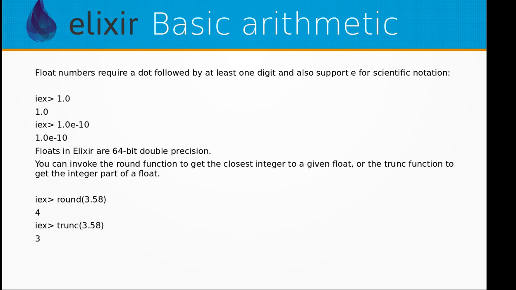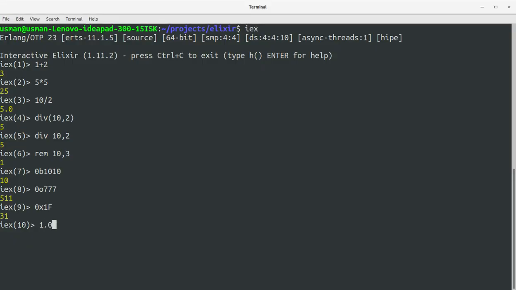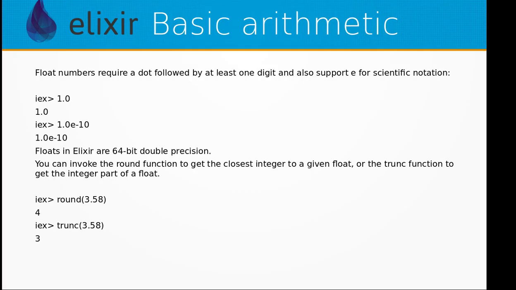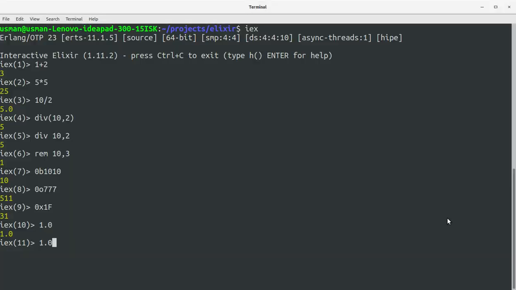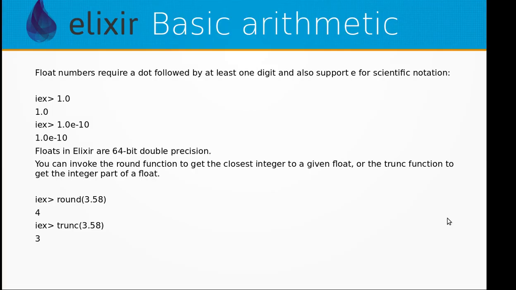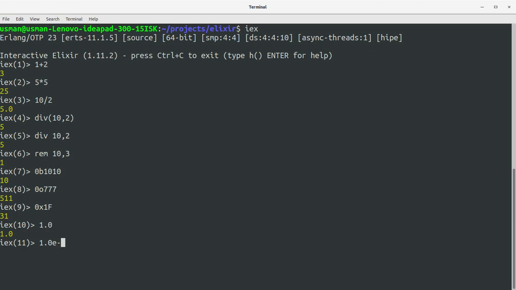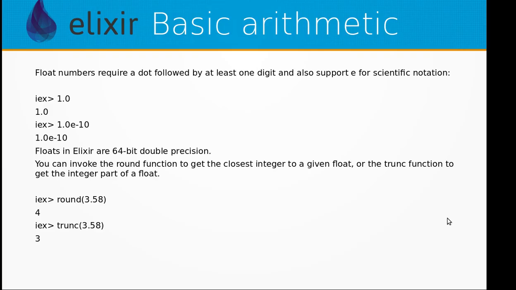Float numbers require a dot followed by at least one digit and also support e for scientific notation. So if we type in 1.0, we got 1.0, that is a float. And then there is support for e for scientific notation, 1.0e10 as well. Floats in Elixir are 64-bit double precision.